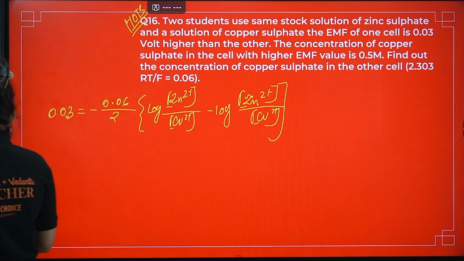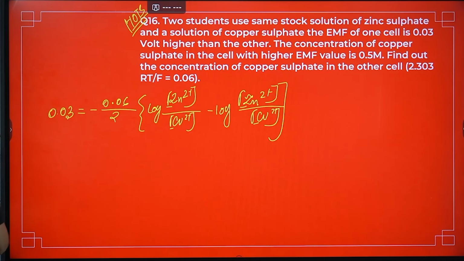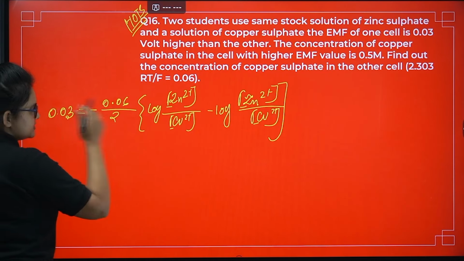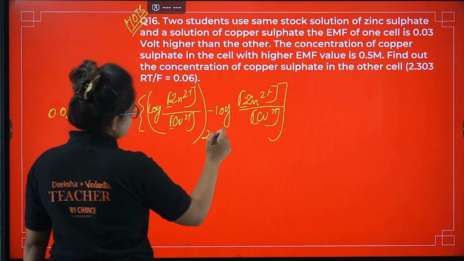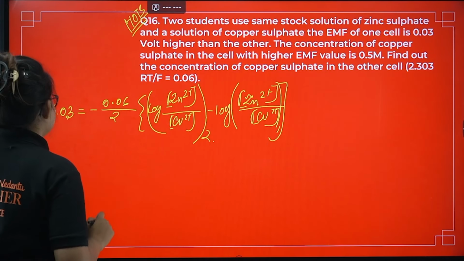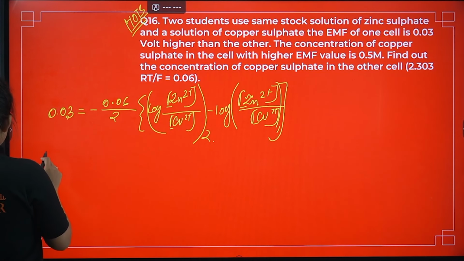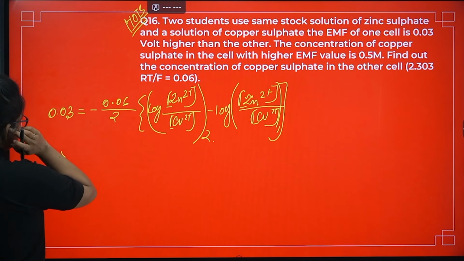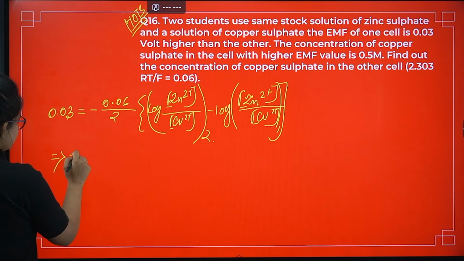I guess this is clear. Let's write how I should represent it. This is for the second solution, this is for the first one. Let's put the value here. So here you can see this will also come up to be 0.03, so you will get minus 1. I am taking minus 1 that side.